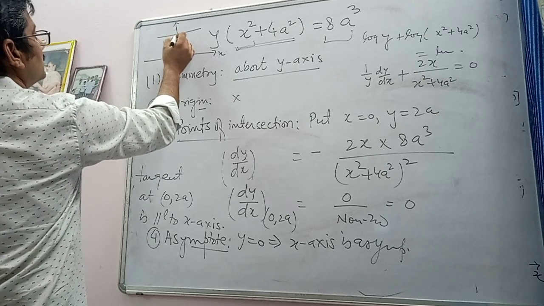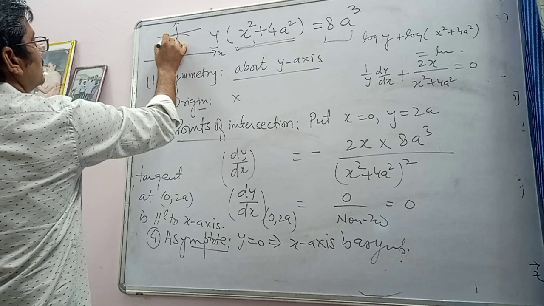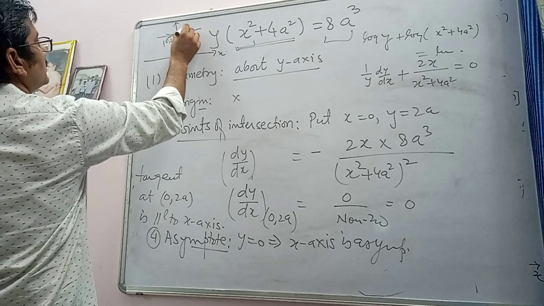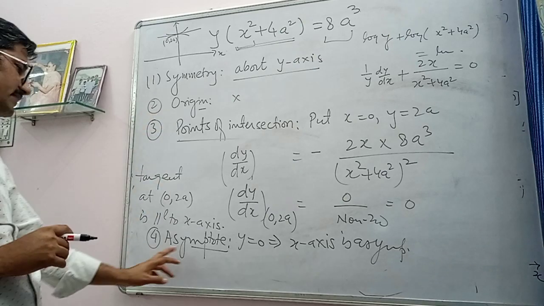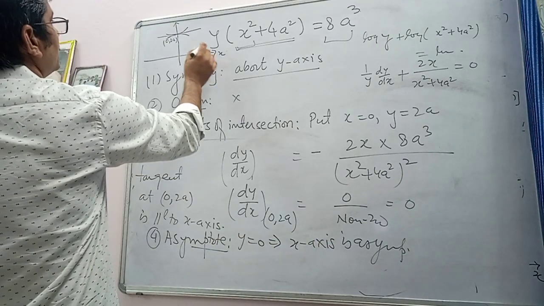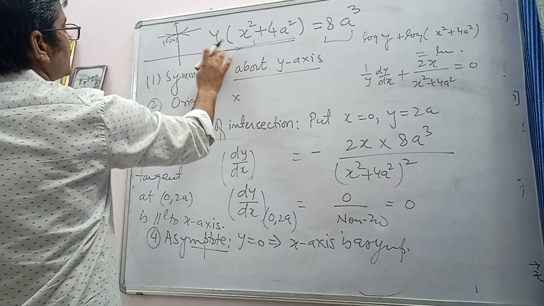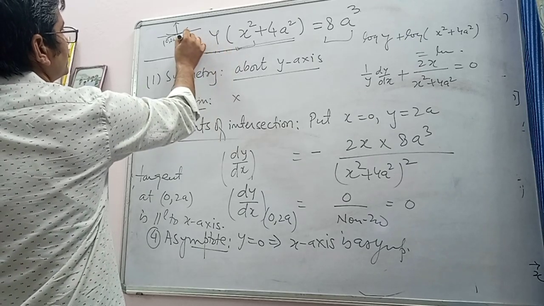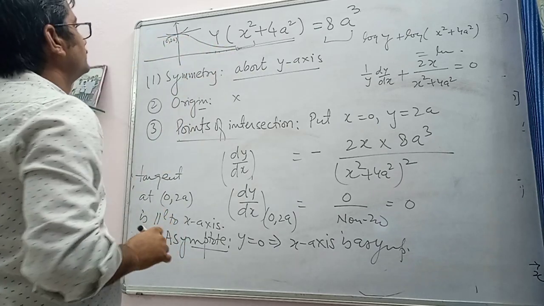So the shape of this curve is either in this way or in this way. And then next, asymptote. The x-axis is the asymptote. It means the branch of this curve will touch the x-axis at infinity. So it should move in this direction.